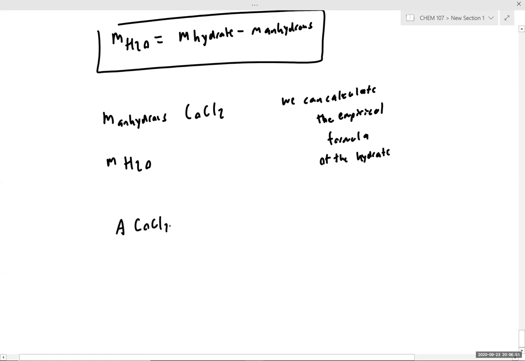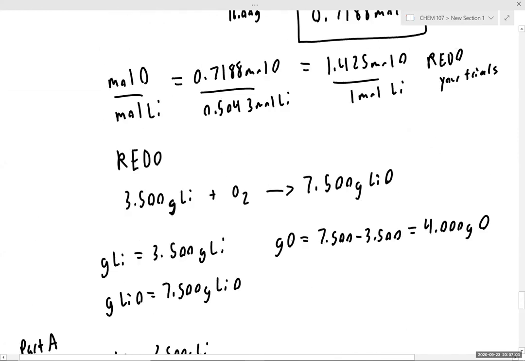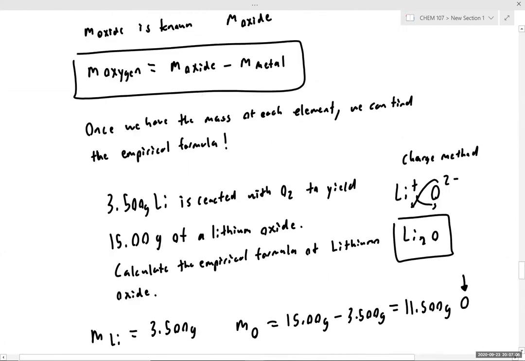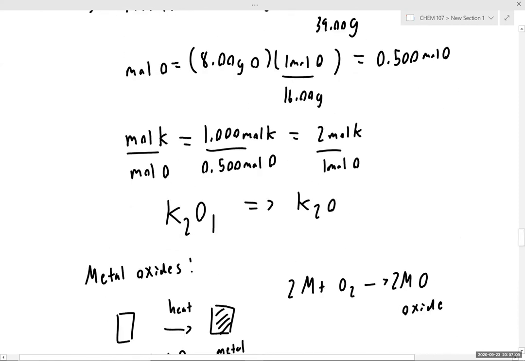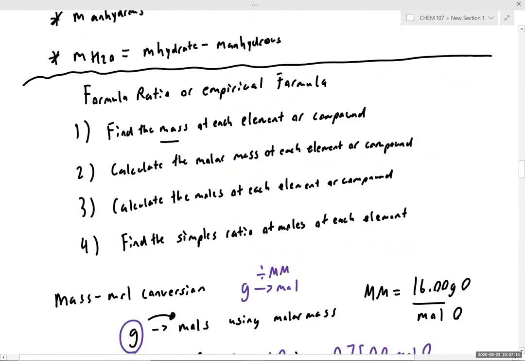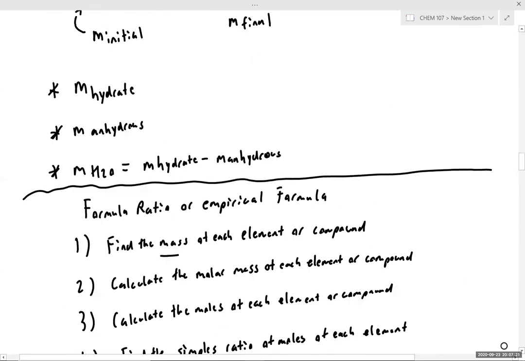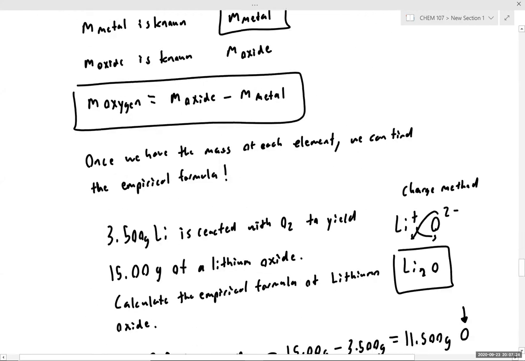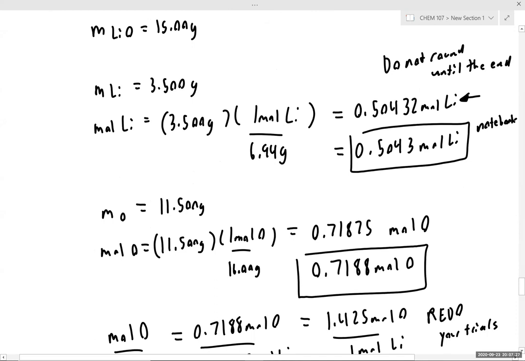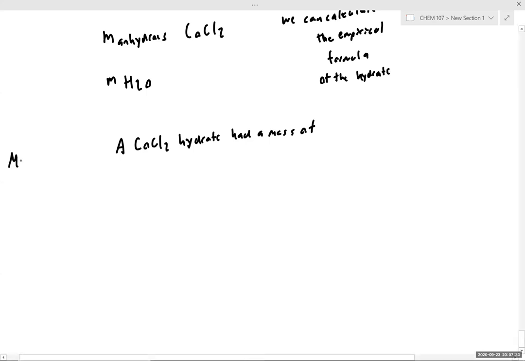A cobalt chloride hydrate had a mass of... let's just refresh a little bit on our known molar masses. I'm just going to put these on the side here.